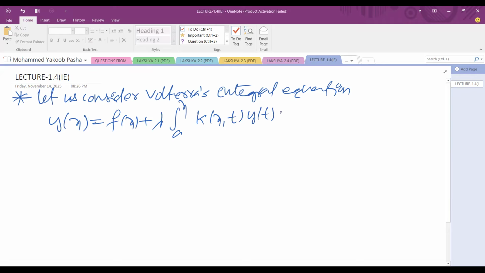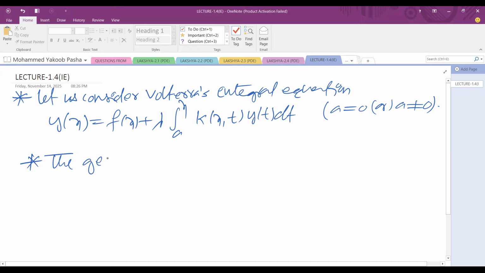Here a is either equal to 0 or not equal to 0, but the upper limit must be a variable.